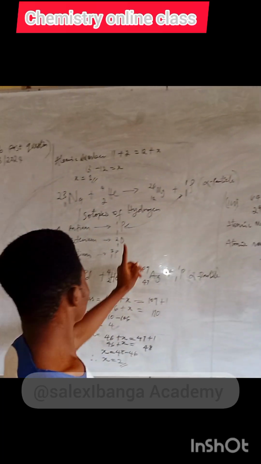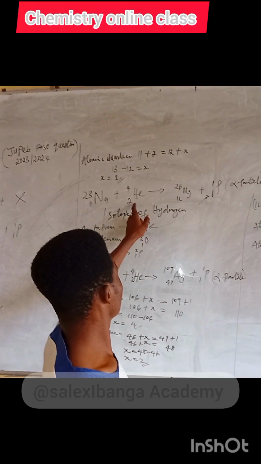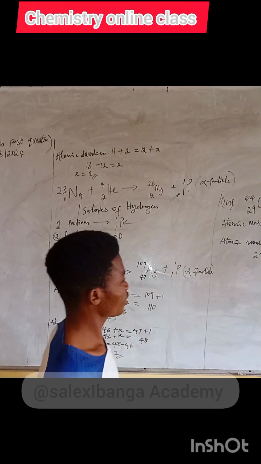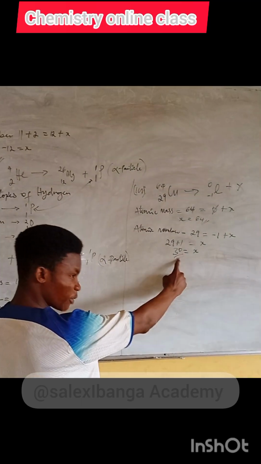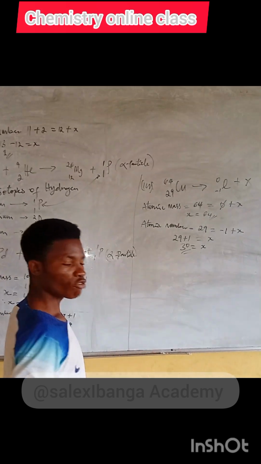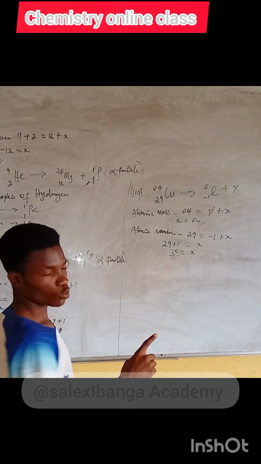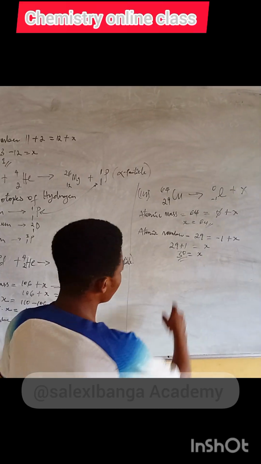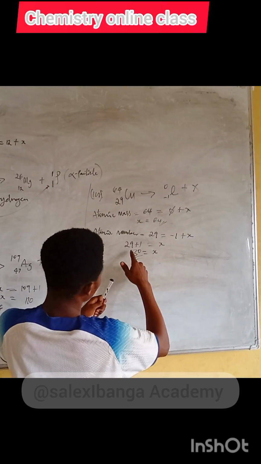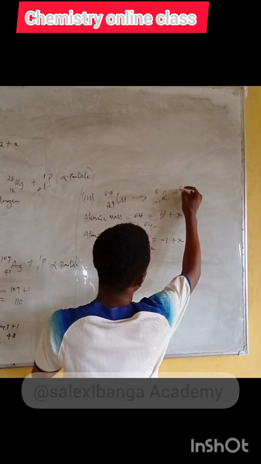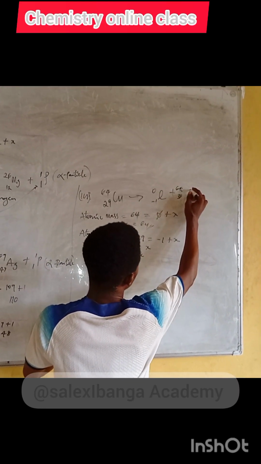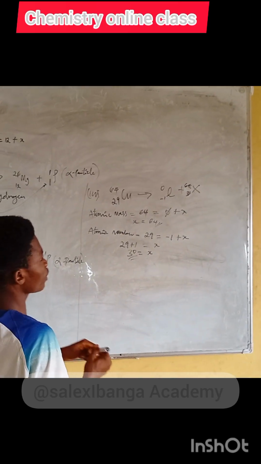Then with alpha particle, both the atomic number and the atomic mass vary. So for beta minus, the atomic number varies. To complete it, here is 64 and here is 30.